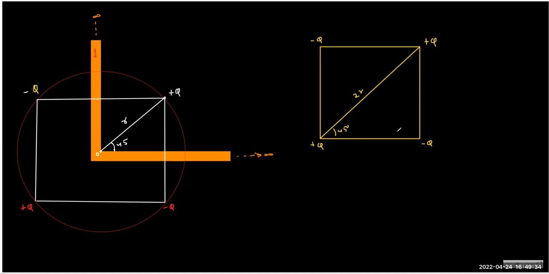Correct? Yes, sir. And if the question is, can you find the net force on this charge? Yes, sir. That's easy to solve. So we can convert this into a problem like this, and we can simply solve the simple Coulomb's problem. So find the net force. What will be the net force on this charge?